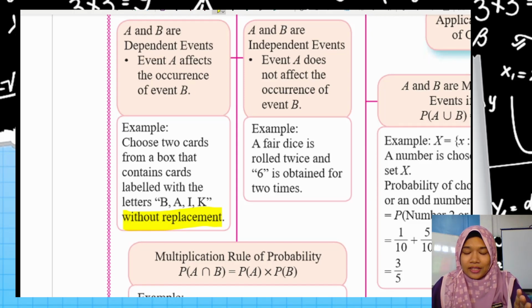After that, you will not replace the card into the box. So for the second event, when you choose the second card, the box only has three cards. This means that the first event affects the second event. This one is known as a dependent event.